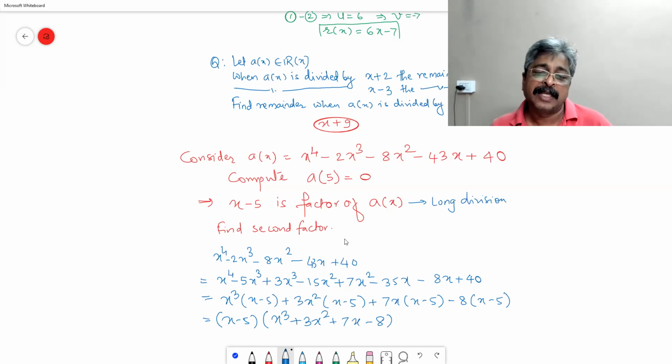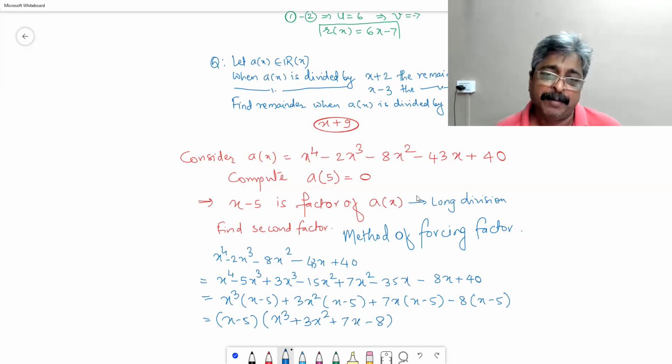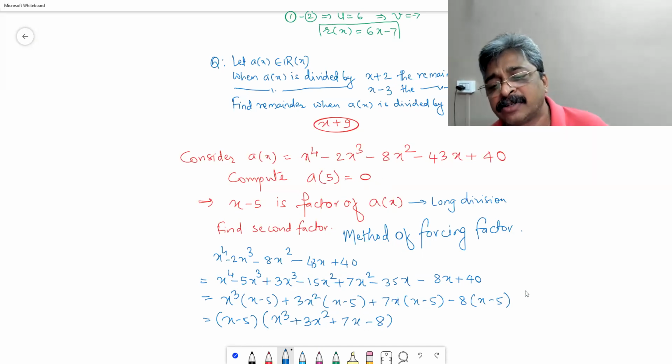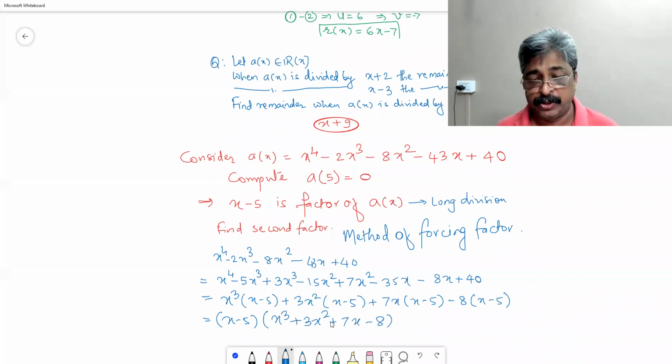We will call this the method of forcing a factor. That factor was invisible, but we forced it to be a factor. And because a of 5 was 0, the last constant term practically helps us get that constant back.